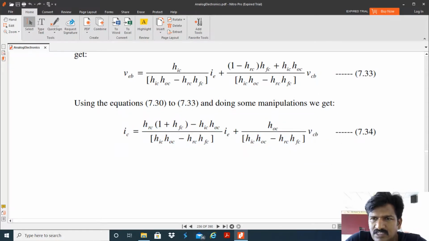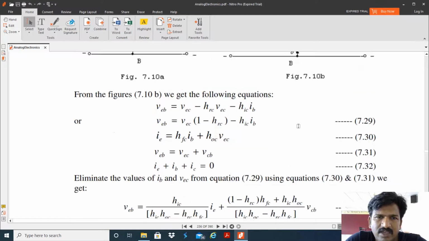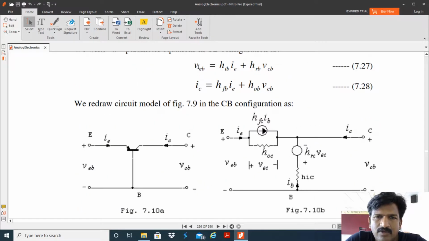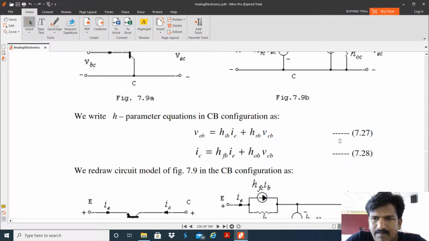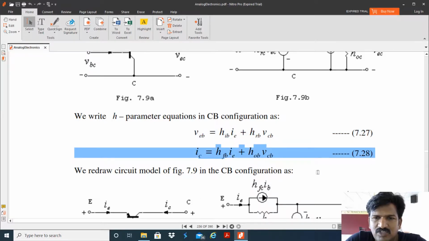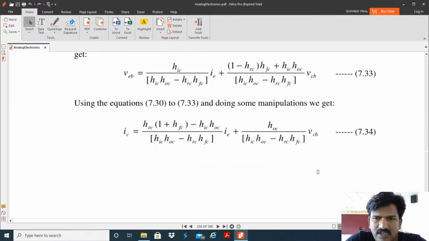These two equations 7.33 and 7.34 you can compare with 7.27 and 7.28. Then you can understand what HIB, HRB, HFB and HOB are. These things you will come to know.